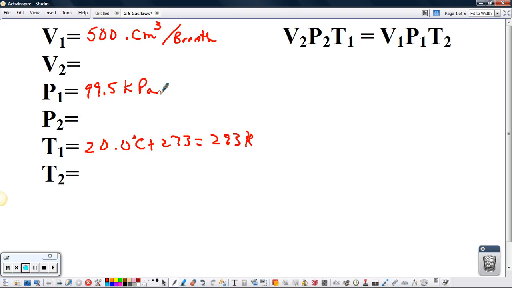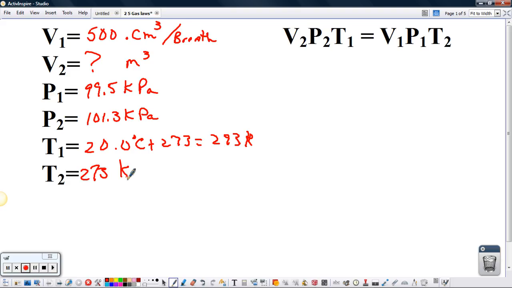Whenever I see the volume at those conditions, I go ahead and plug those in. I want to know the volume of the air in meters cubed corrected to standard conditions. So I'm going to need 101.3 kPa, and I'm going to need 273 K.